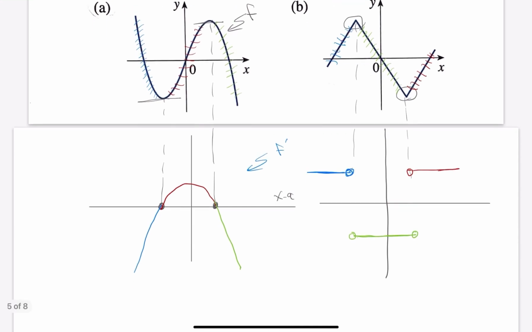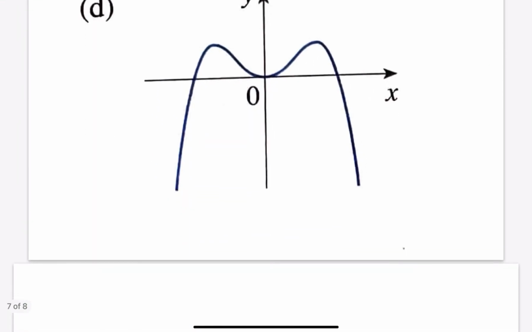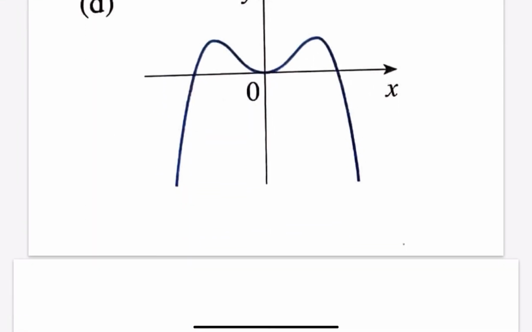Okay, let's do one more. So let me just graph it right here. Okay, so I see this max, this min, and this max. So this is my 0, this point, and this point, right? Okay.